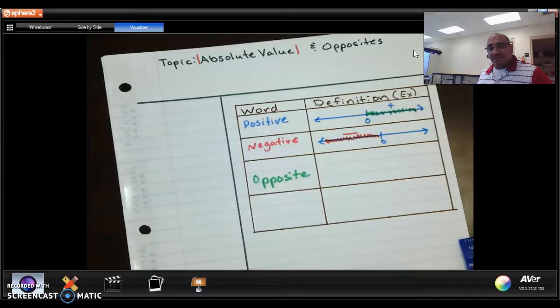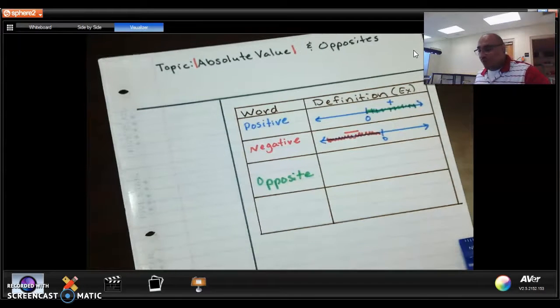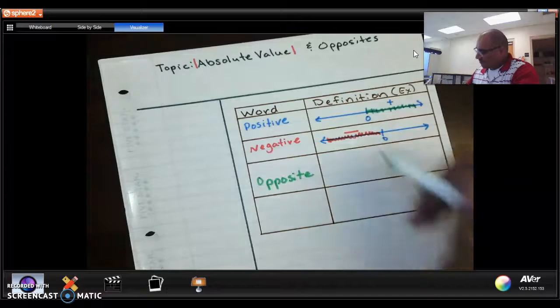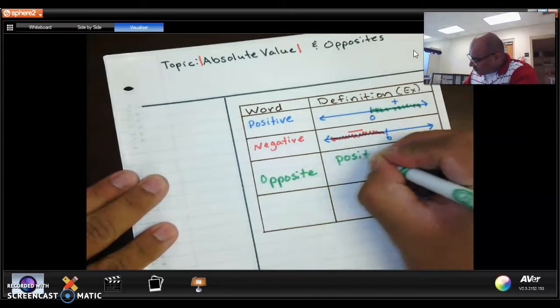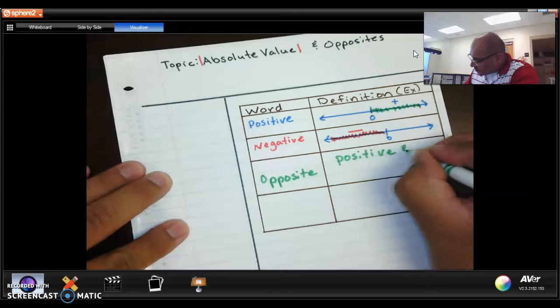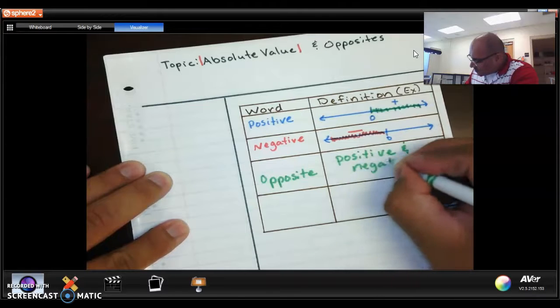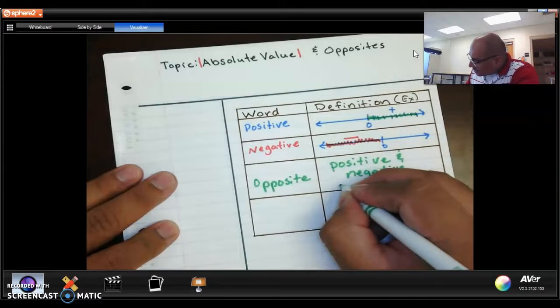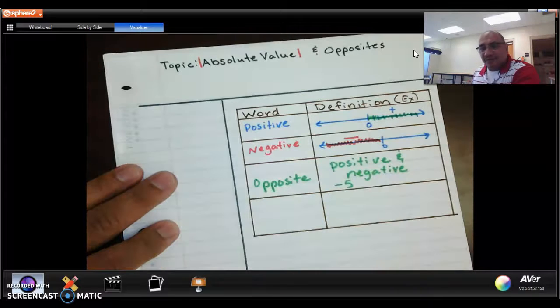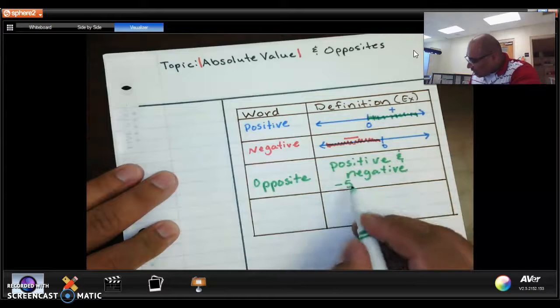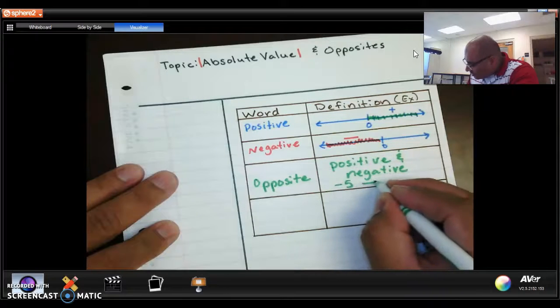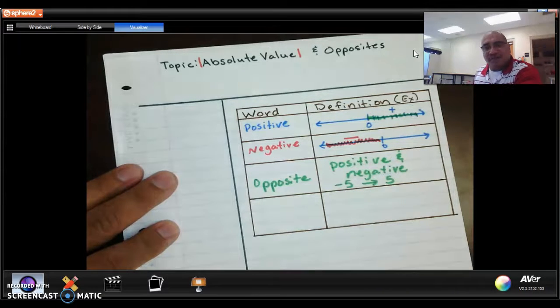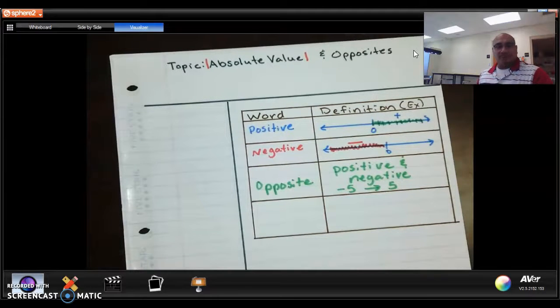So again, opposites, we will be referring to positive and negative. An example, we could say -5. Well, the opposite of -5 is +5.